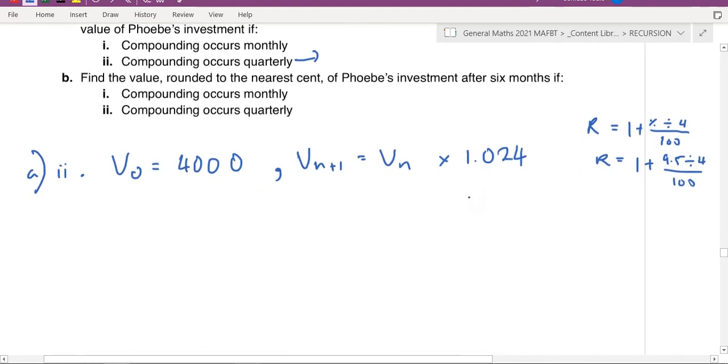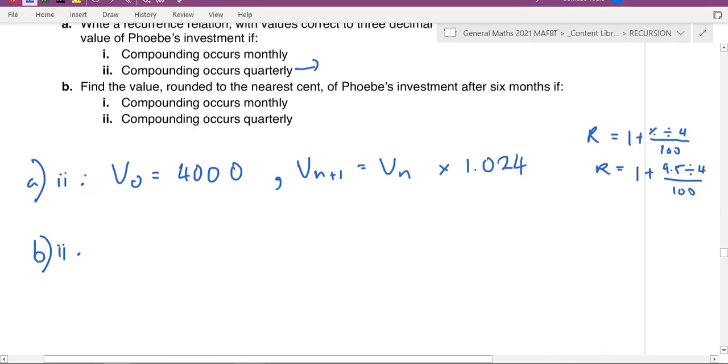Okay, easy. Now, B. So this part here, guys, you have to read the question properly, because this is, again, how they differentiate the people who read the question properly to those who don't. What is the value of Phoebe's investment after 6 months? Okay, but it's compounding quarterly. Have a think about, if you're compounding quarterly in 1 year, how many months has gone past if it's quarterly? 3.